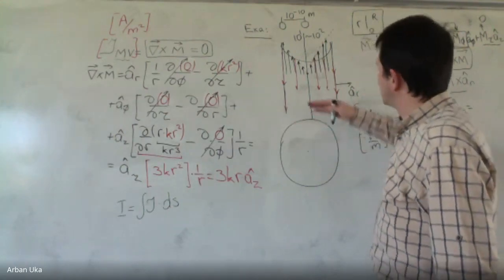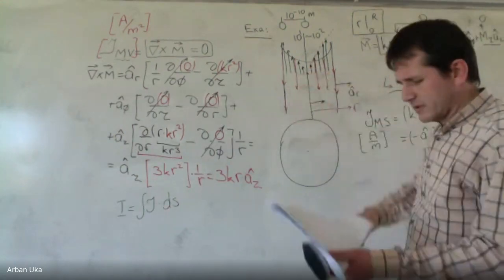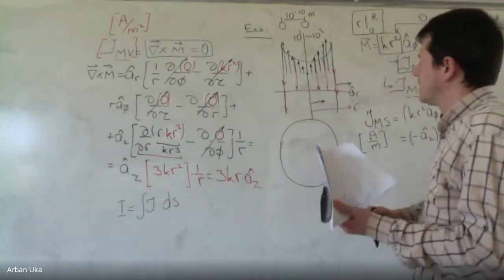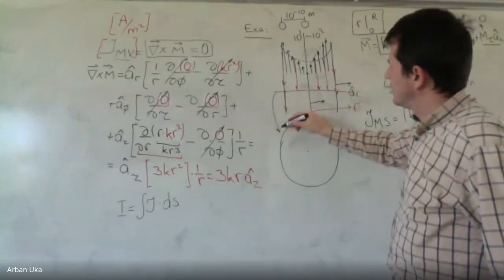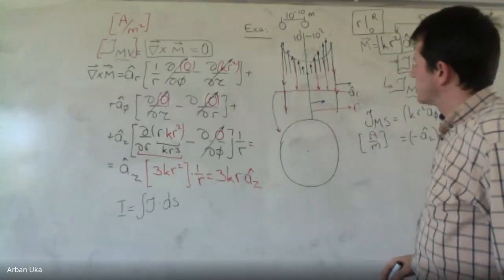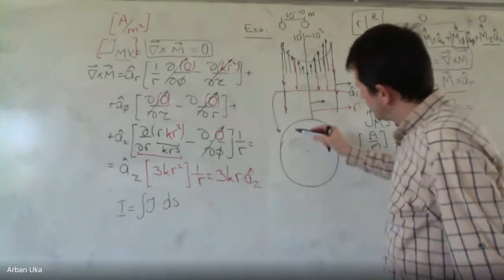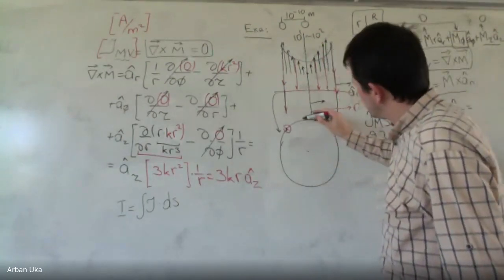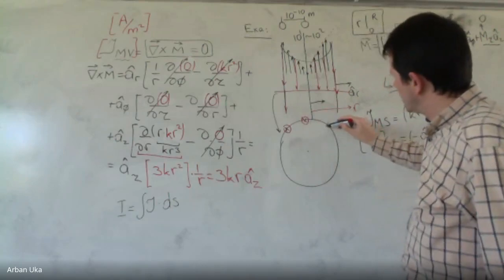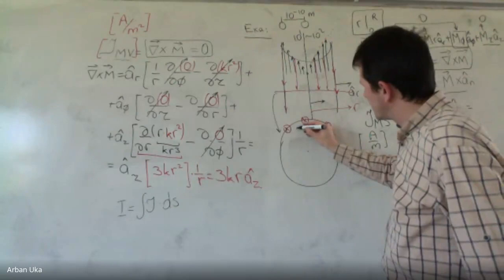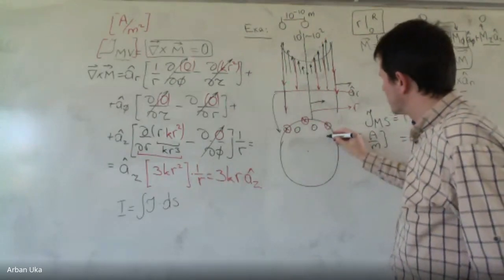If we are looking at the cross section of this wire like this, we are going to have currents which are flowing down into the board at the top, and also currents which are coming out of the board like this.